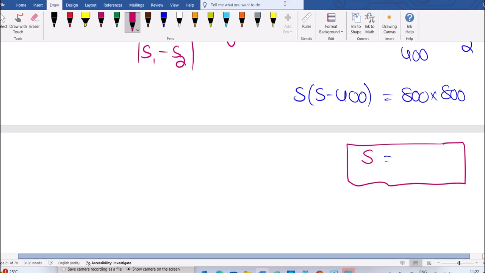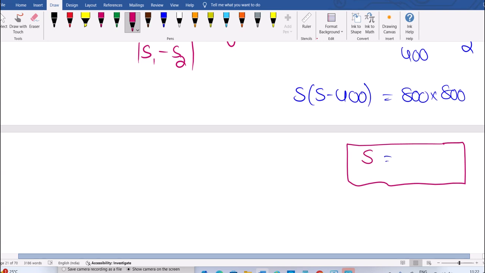Find the S value. You split the two terms with a 400 difference.